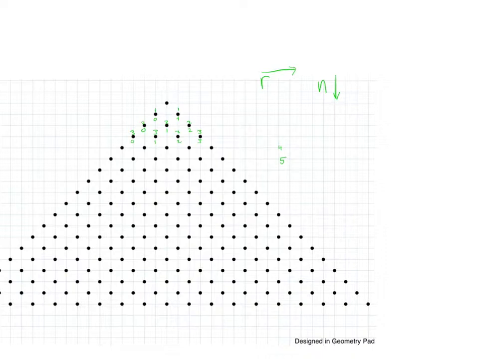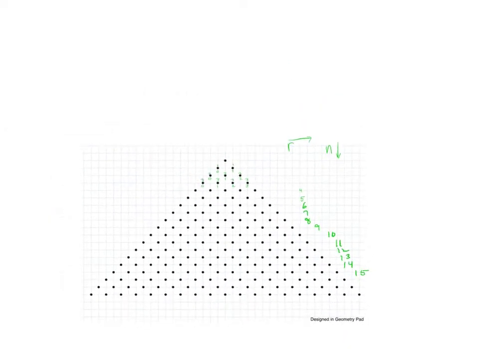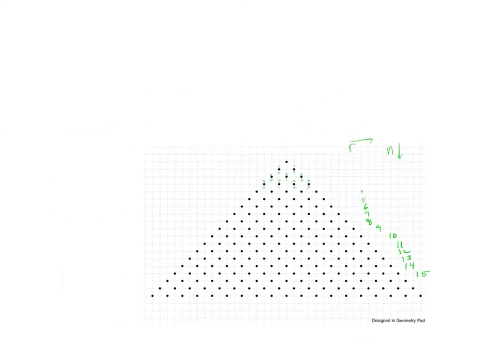So let's count. 4, 5, now this is 6, 7, 8, 9, 10, 11, 12, 13. The boredom is almost over. 14, 15. Okay? Now, let's write the same thing over here. 15 should go right at this point.